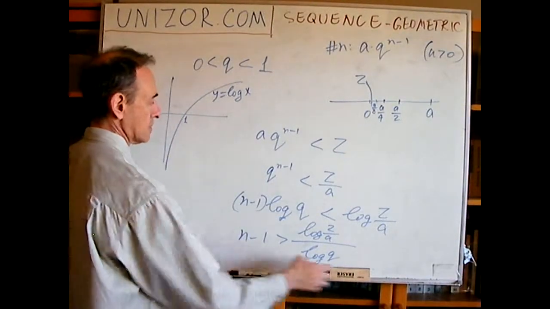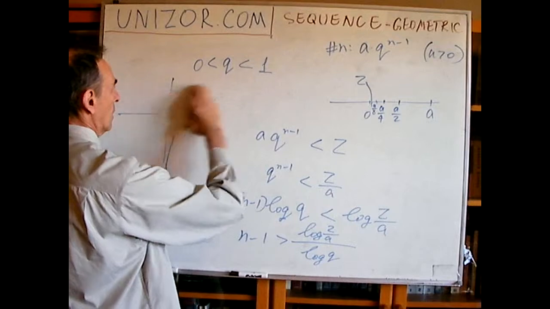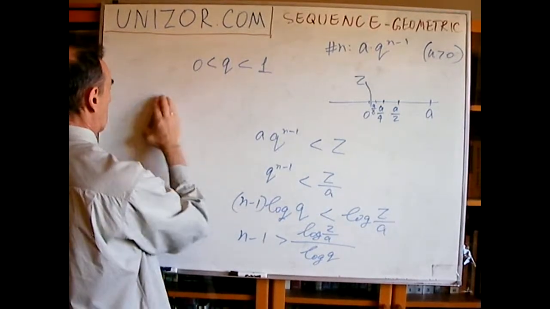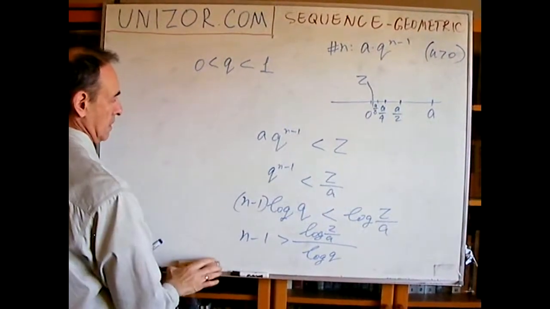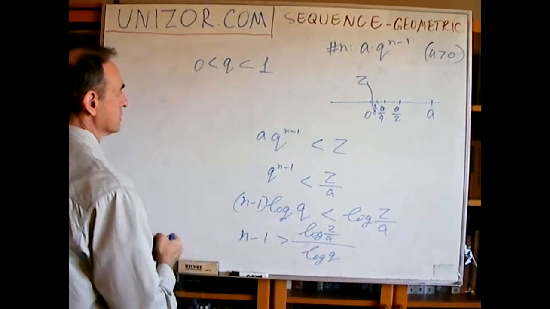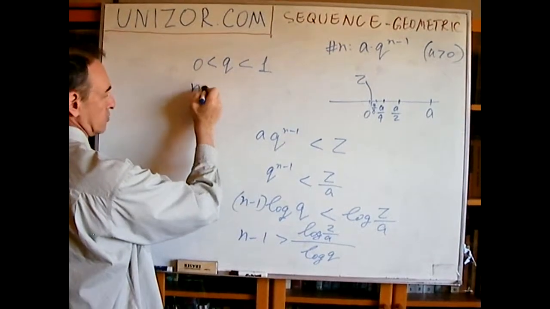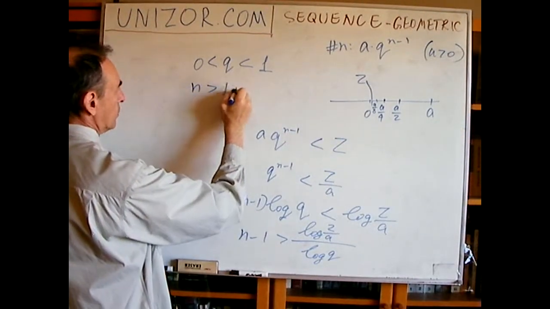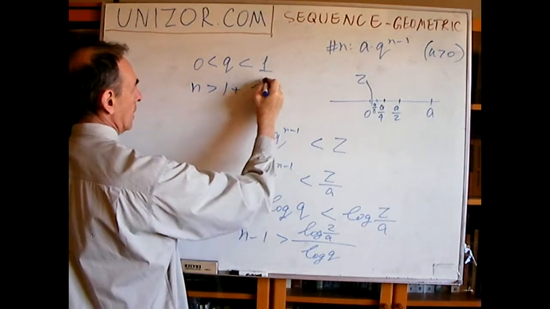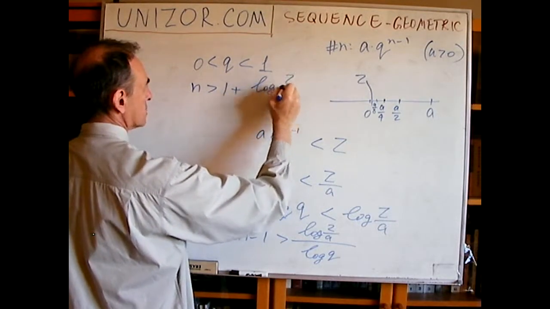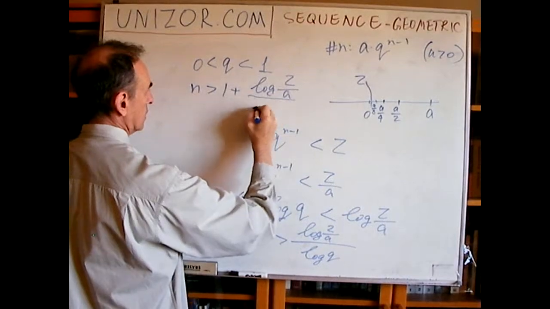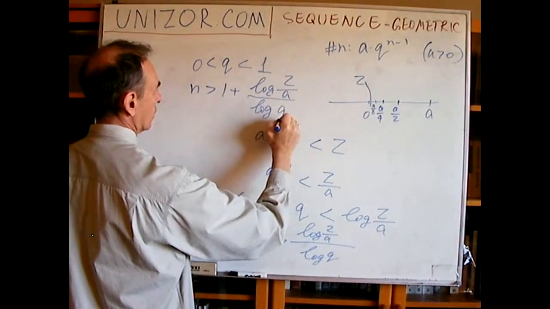And as a result, we get, add 1 to both sides. So n should be greater than 1 plus log z over a divided by log q.